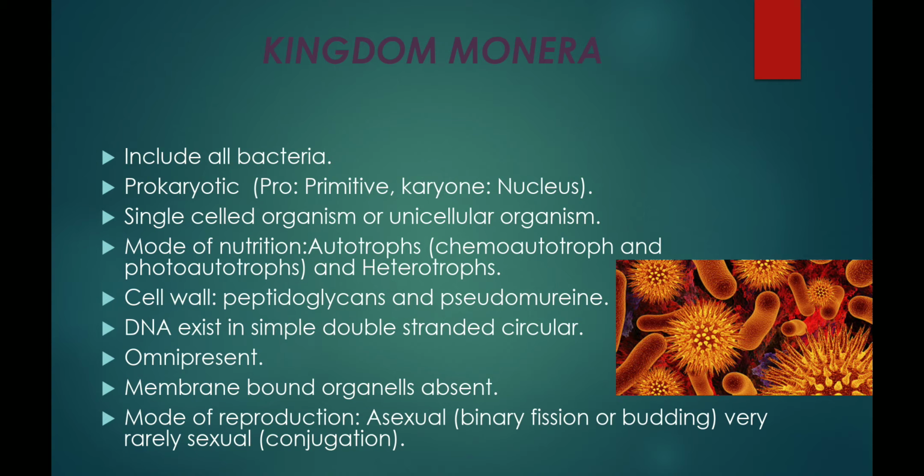In rare conditions, sexual reproduction takes place. Asexual reproduction is by binary fission or budding. Very rarely sexual reproduction takes place by the process of conjugation.